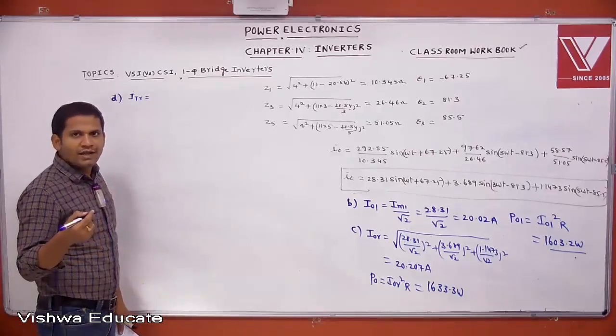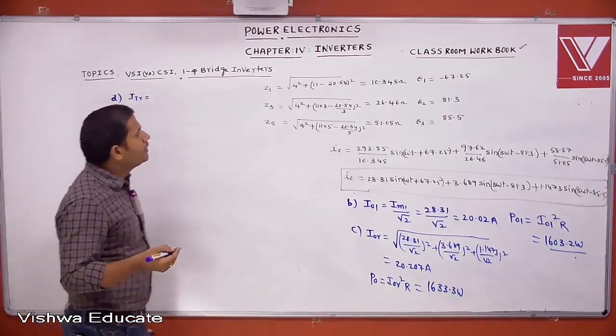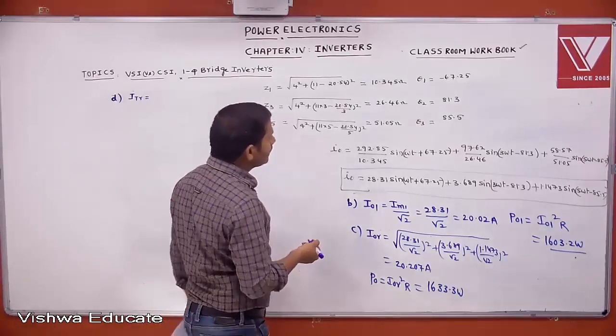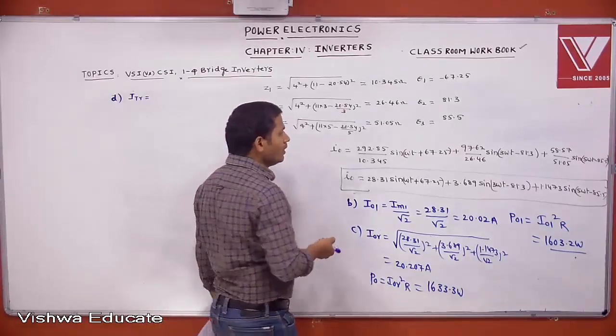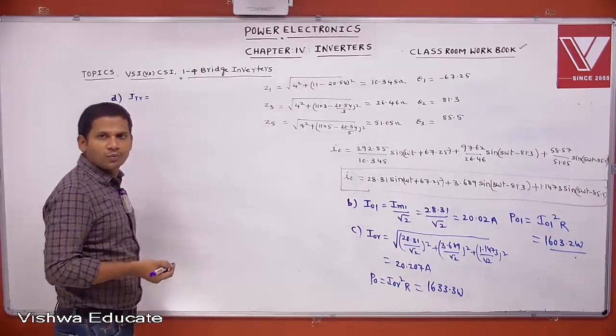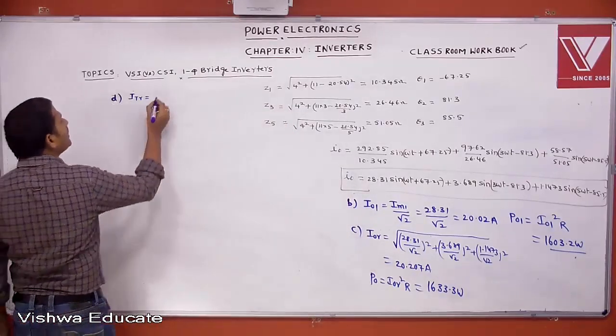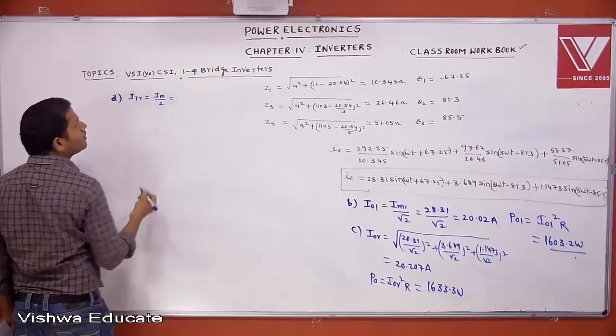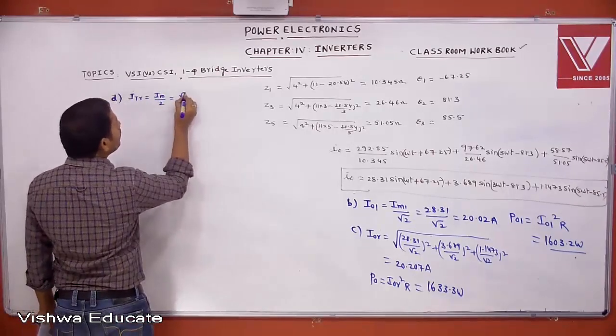What is the RMS value of each thyristor current? This is an RLC load. With respect to each thyristor, it is a half wave rectifier output. It is a half wave rectifier output, so how much you can get? Im by 2. What is Im?